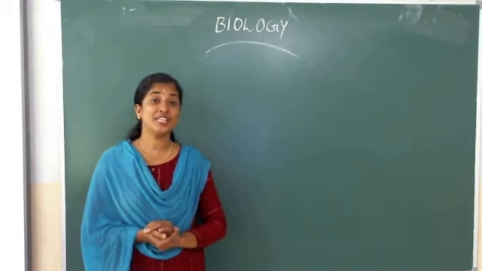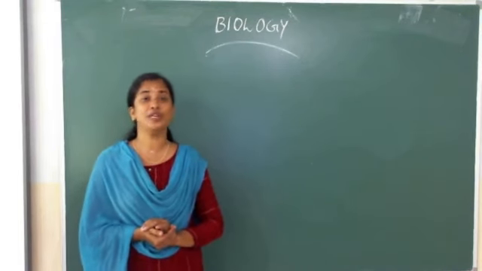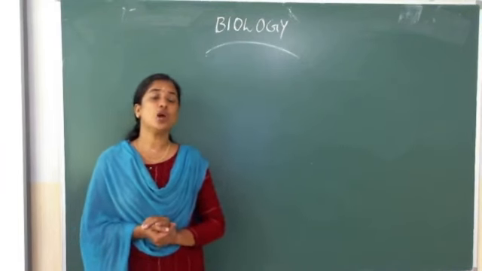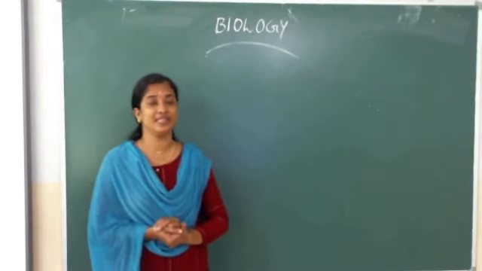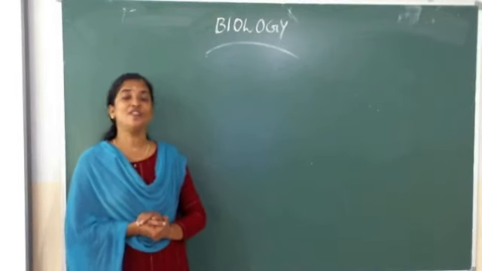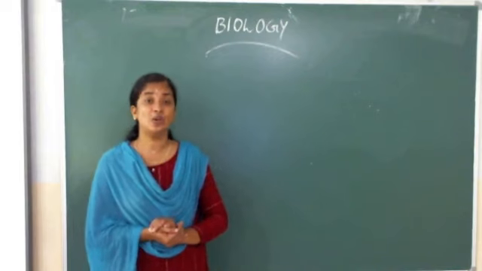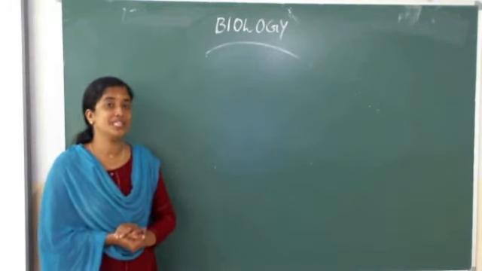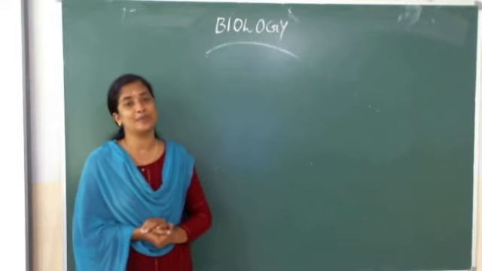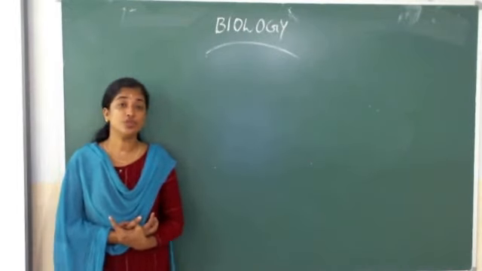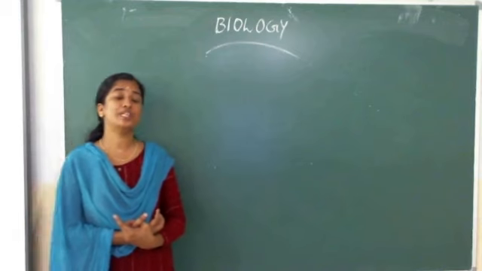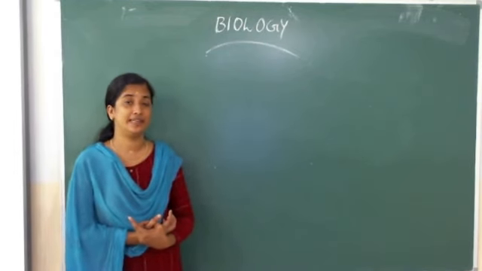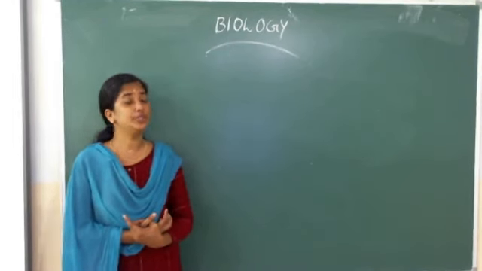Today's class is the continuation of lesson 4, human body. The first topic of that chapter, the excretory system, we have already discussed in our second term. Today I am mainly taking the nervous system. Nervous tissue you have already studied in lesson 1, tissue.